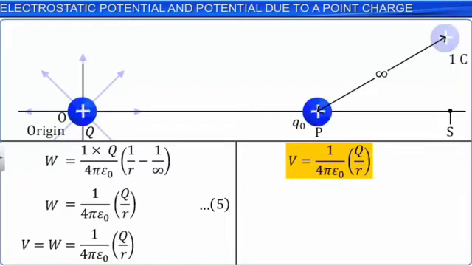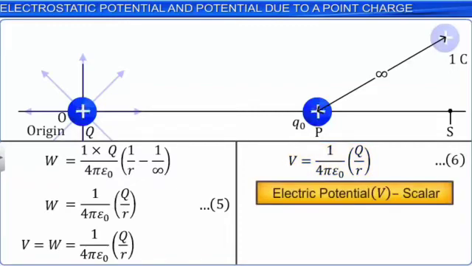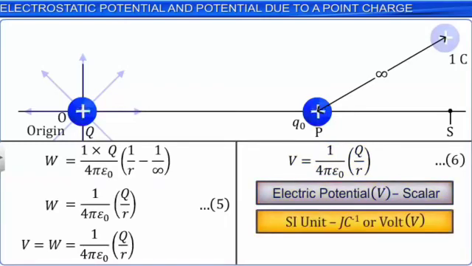The electric potential V is a scalar quantity and its SI unit is joule per coulomb or volt. 1 joule per coulomb is equal to 1 volt.